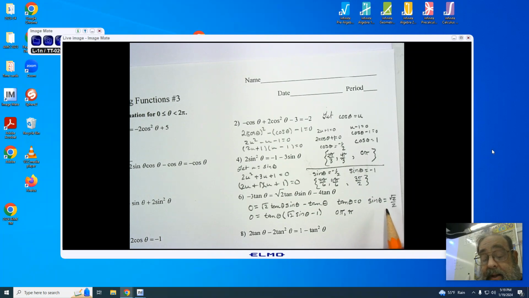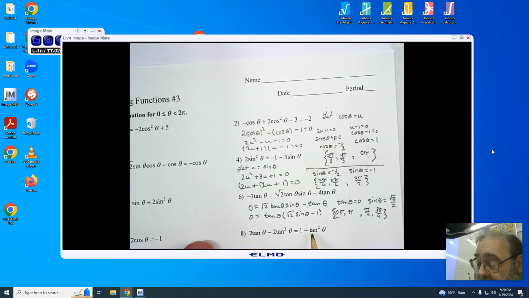We know that sine is root 2 over 2 at the reference angle of pi over 4, and it's positive in the first and second quadrant. That gives me the two answers, pi over 4 and 3 pi over 4. And there are my four answers, and I now go to number 8.